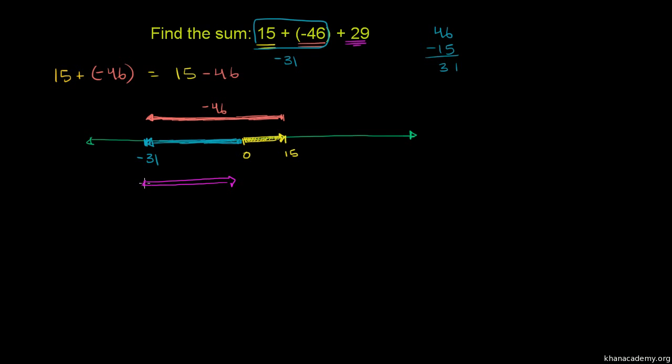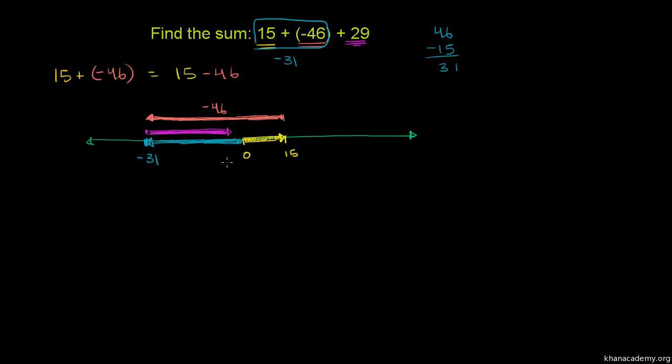Trying to draw an arrow of length 29. I can draw a cleaner looking arrow than that. I'll do it right over here actually. So then we're going to move 29 over to the right. That's the 29 part. So now this is a positive 29.